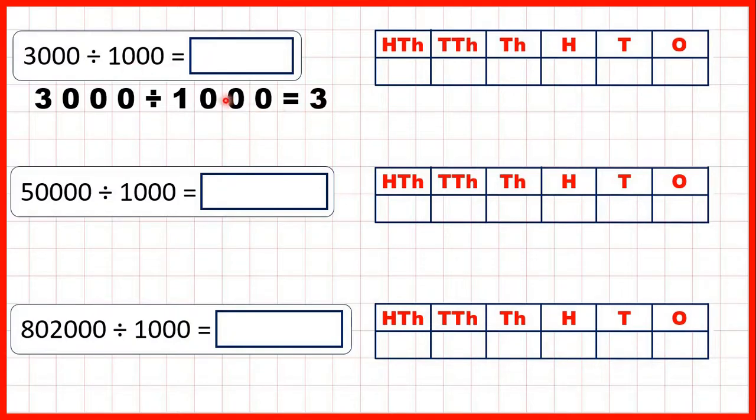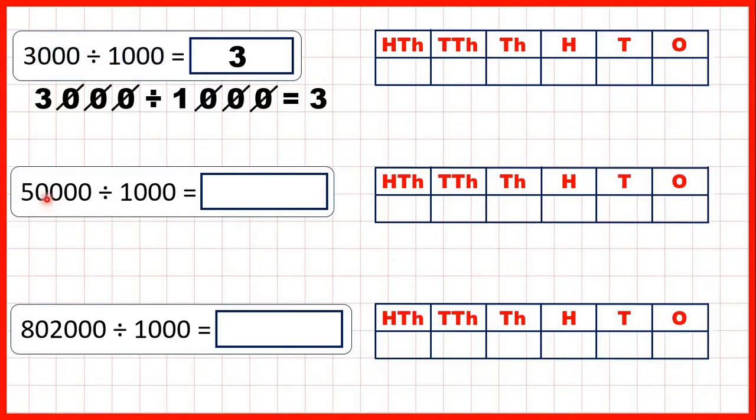That's 3 because in the number 1,000, we have 3 end zeros, and in division problems, we can cancel our end zeros. So then we have 3 divided by 1, and any number divided by 1 is just that number. So our answer is 3. 3,000 divided by 1,000 gives us the same answer as 3 divided by 1.